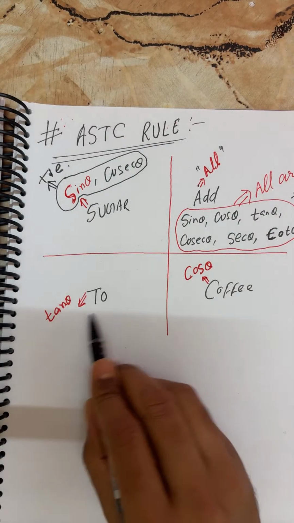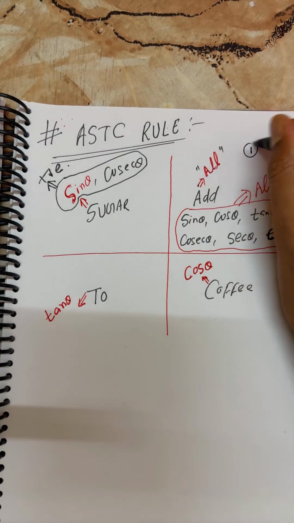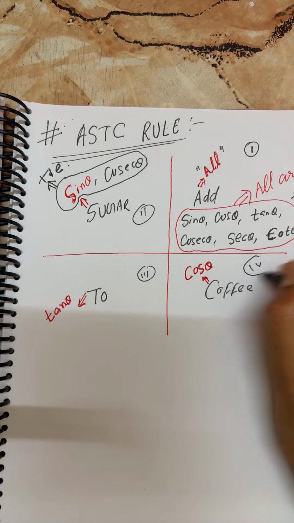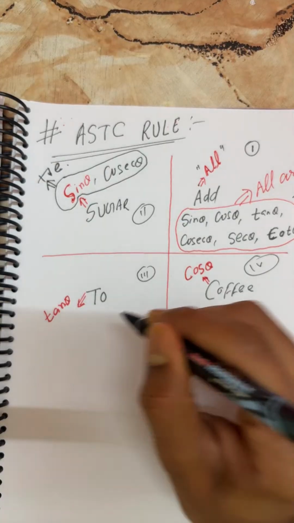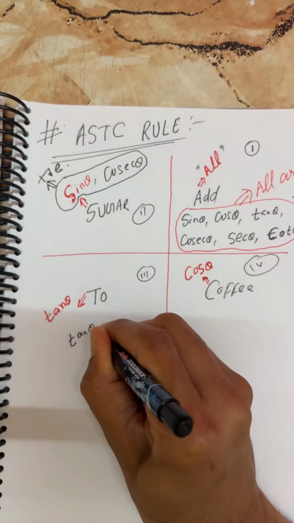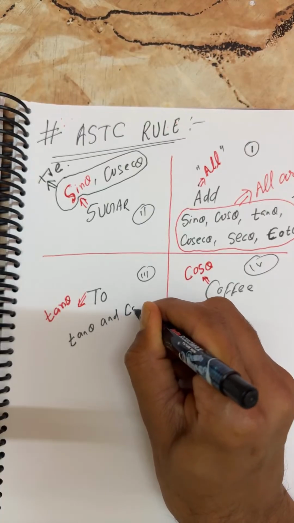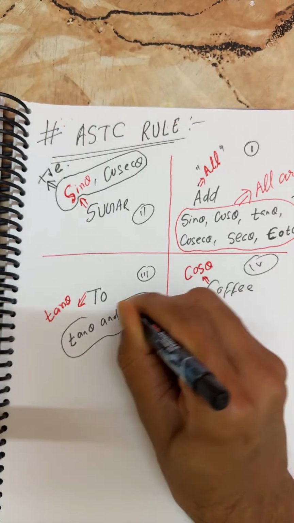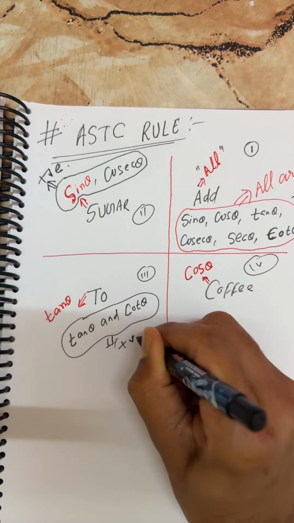Okay, now tan theta here. I hope all of you remember: this is the first quadrant, this is the second quadrant, this is the third quadrant, and this is the fourth quadrant. In the third quadrant, only tan theta and cot theta are positive.